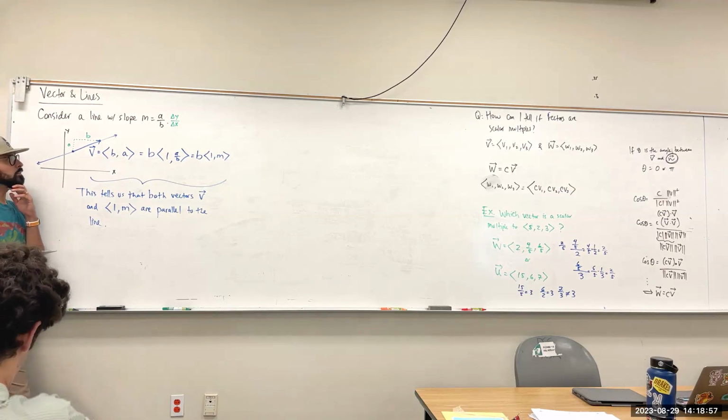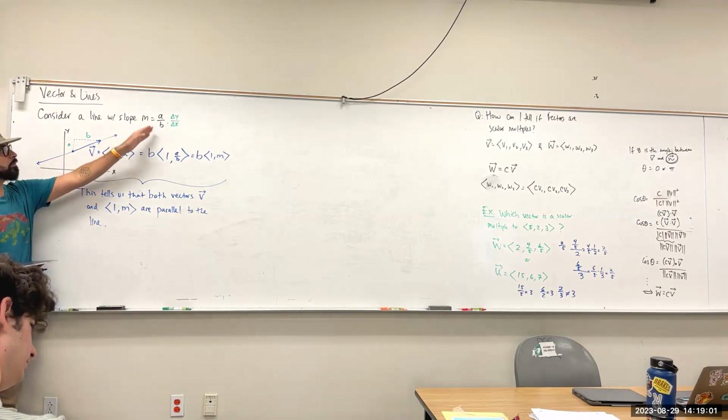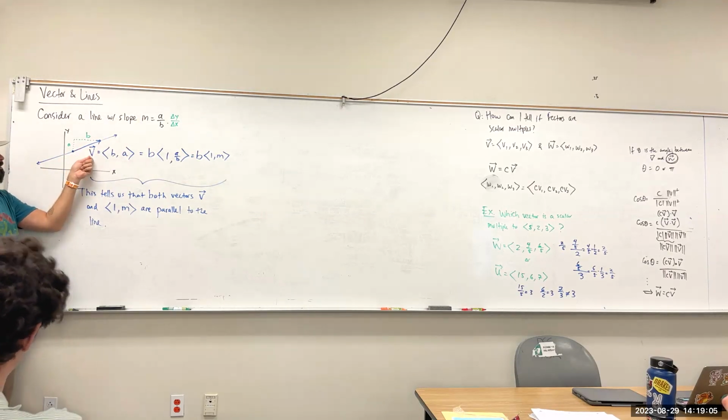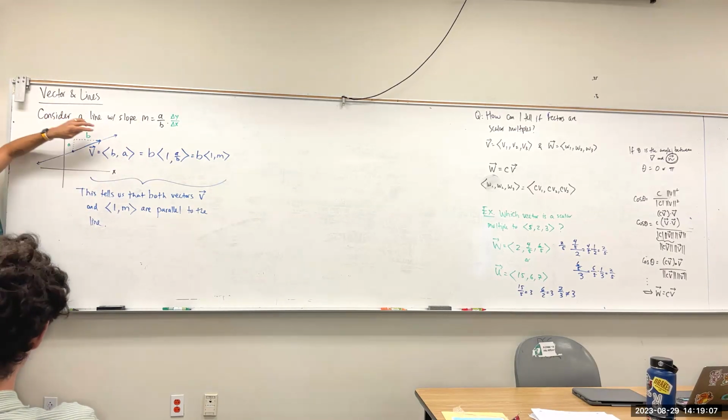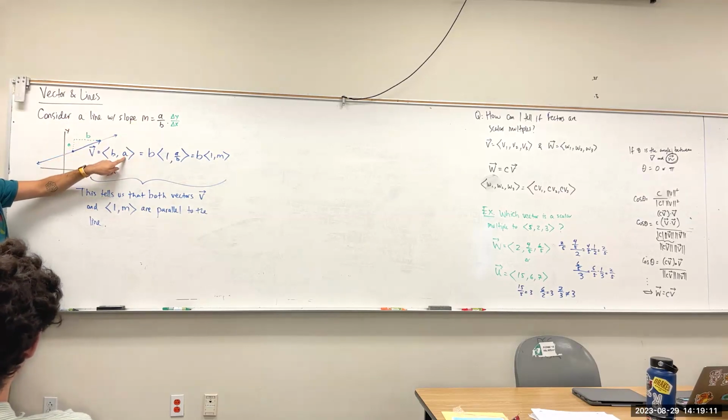Recap that again. So if a line has slope a over b, and I pick two points and create a vector out of that, according to the slope there should be a Y change for the second component and a B change for the X component.